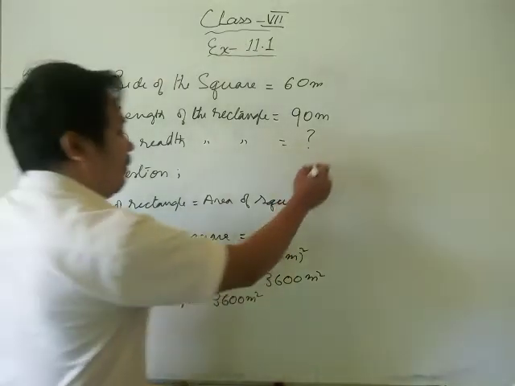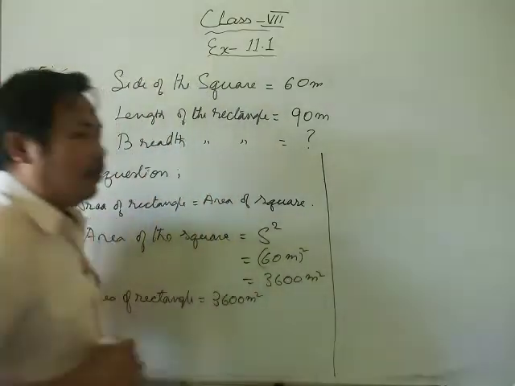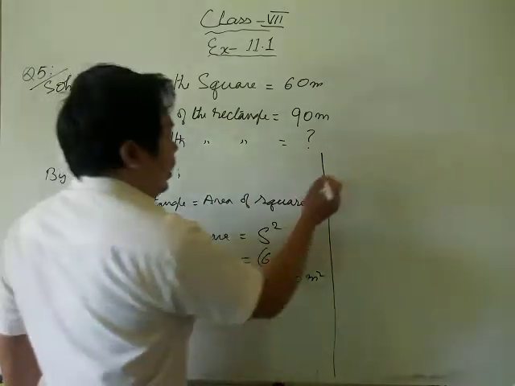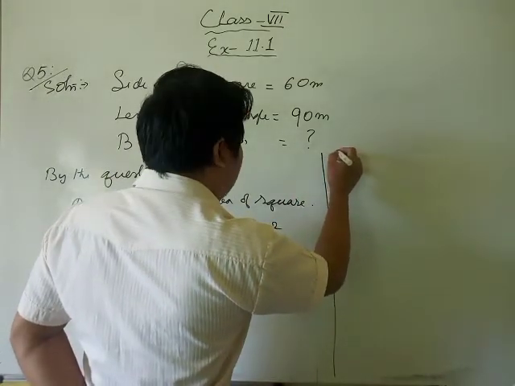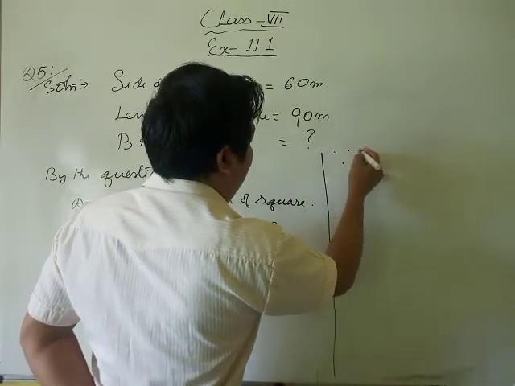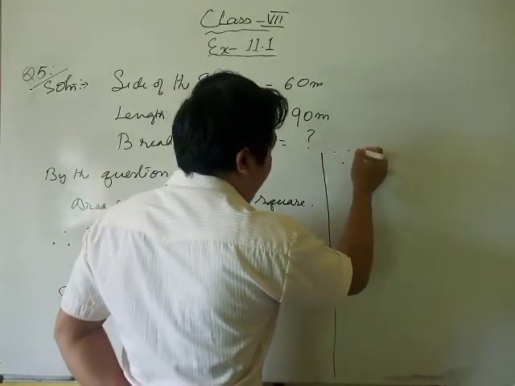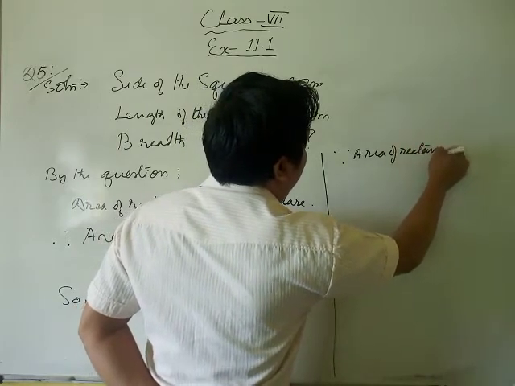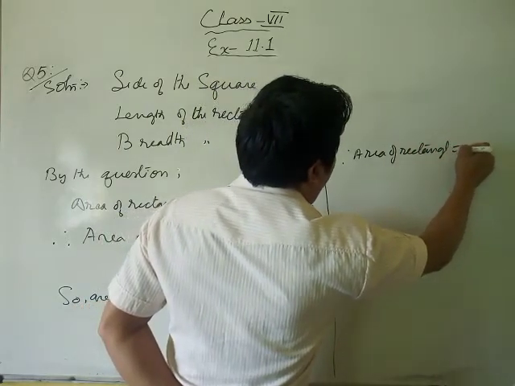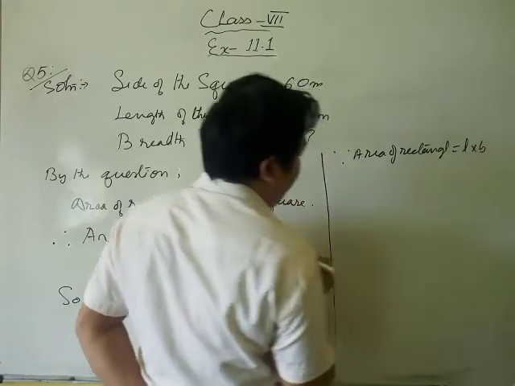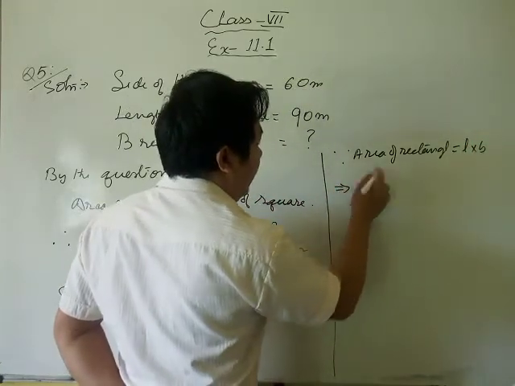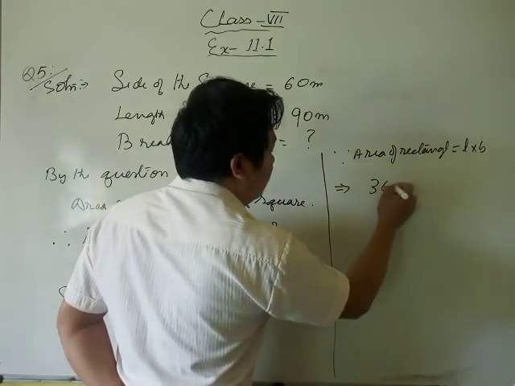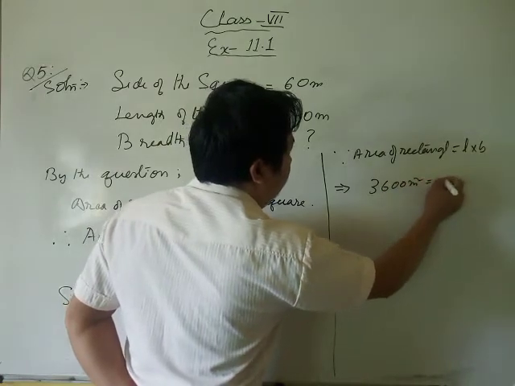Now we can proceed to find out the breadth of the rectangle, since the length is given, isn't it? We know that area of rectangle is equal to L into B. This implies that the area we got here, 3600 meters square, is equal to L, how much?